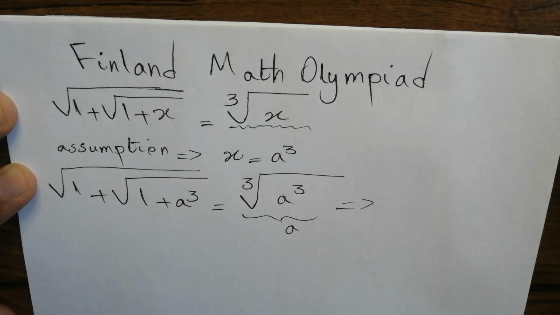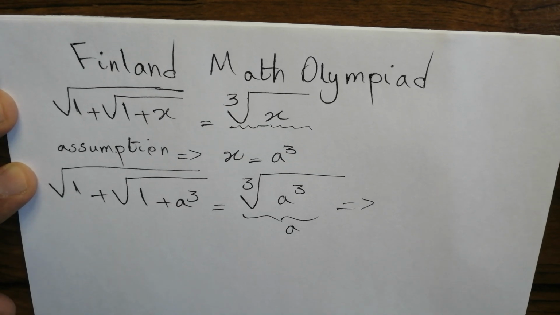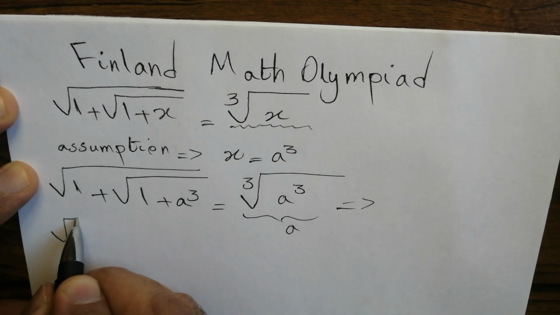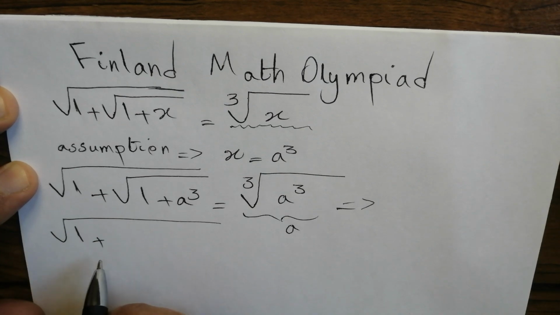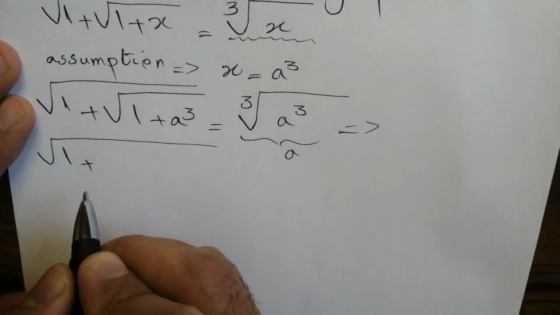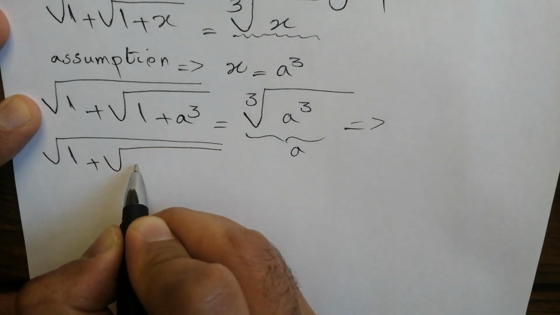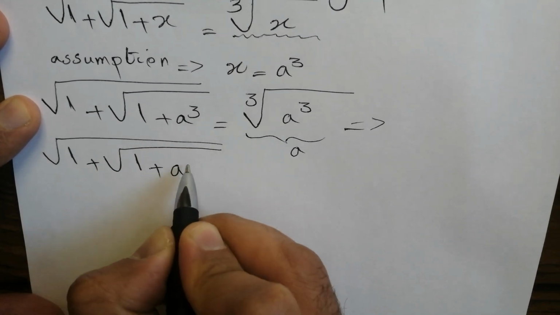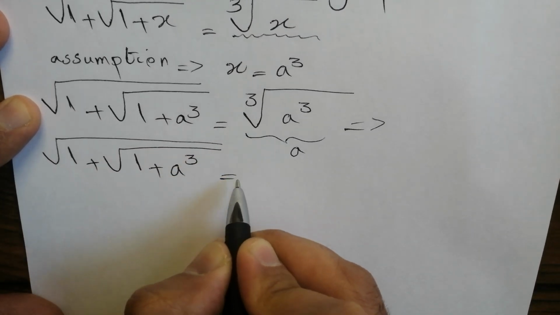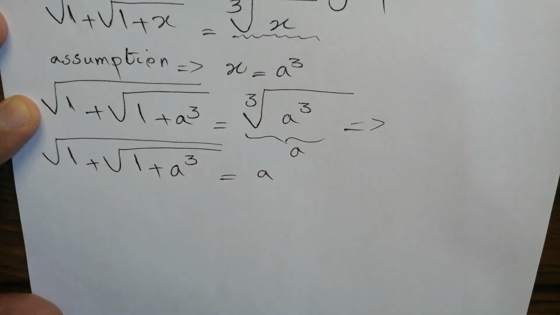That's why I told you we can get rid of this part. Now we can get rid of this term and make it much simpler for ourselves. So let me write it again: the square root of 1 plus the square root of 1 plus a cubed equals a.